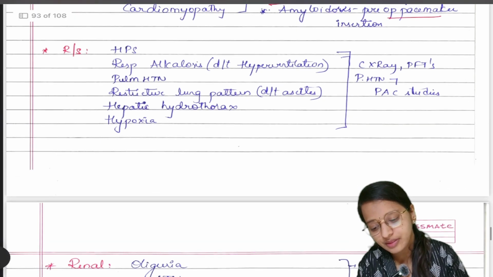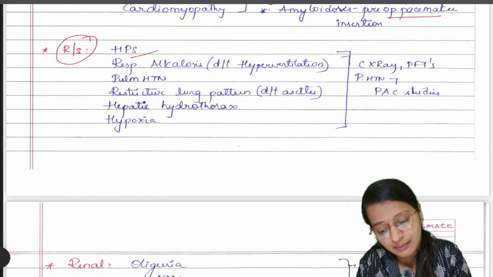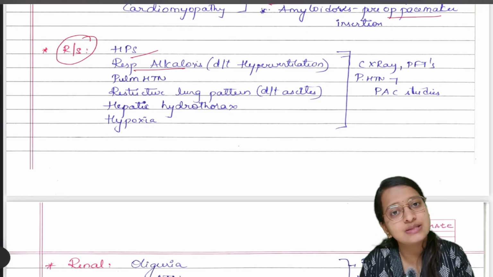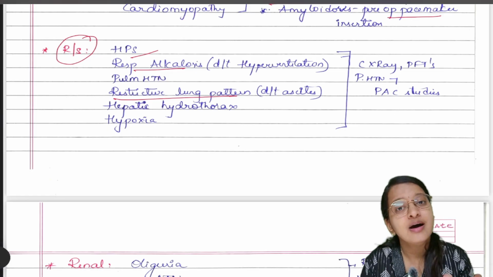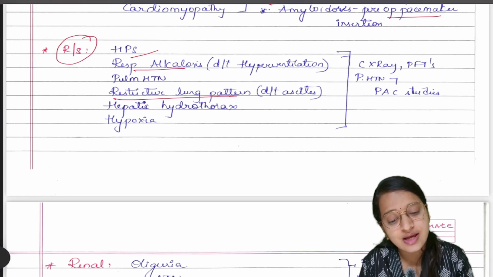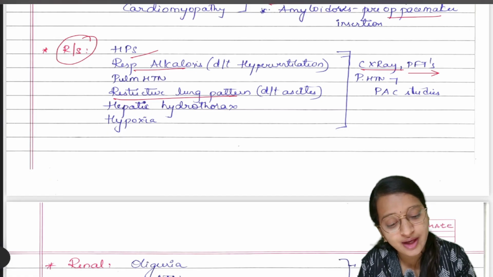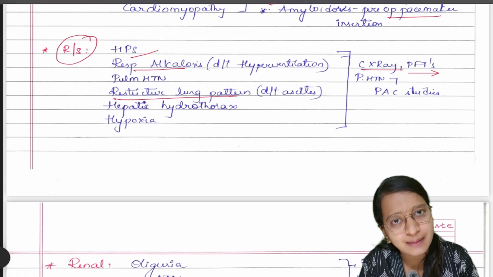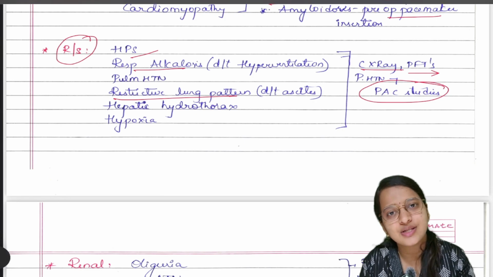Coming to respiratory system, the patient might have hepatopulmonary syndrome, respiratory alkalosis, pulmonary hypertension, restrictive lung pattern, hypoxia, and hepatic hydrothorax. So I have to have chest X-ray, PFTs. And if there is pulmonary hypertension, we have to go for pulmonary artery catheterization studies.